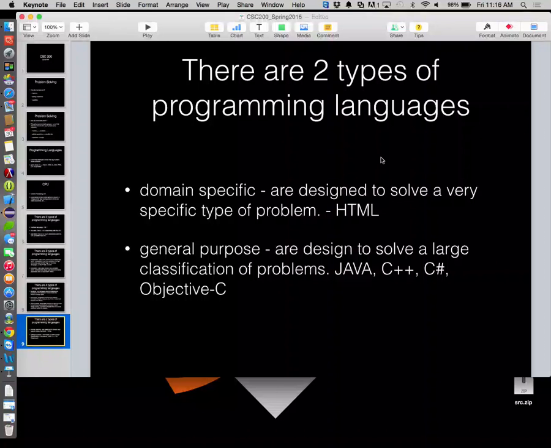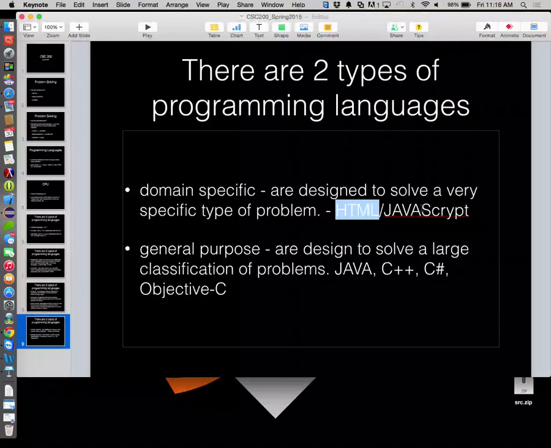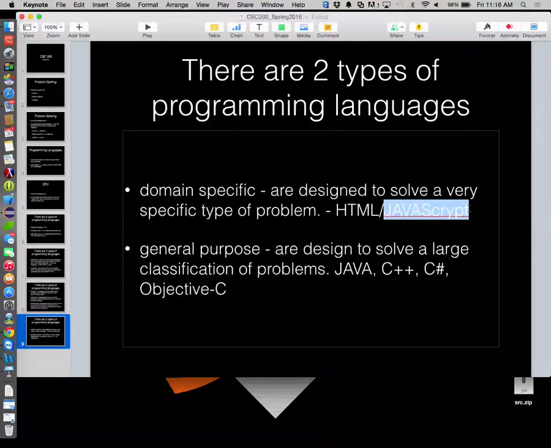JavaScript. So there's a programming language called JavaScript, which is embedded inside of HTML. And the web browser knows how to execute this. The web browser interprets JavaScript at runtime. So that's an interpreter. It allows us to solve more general problems.